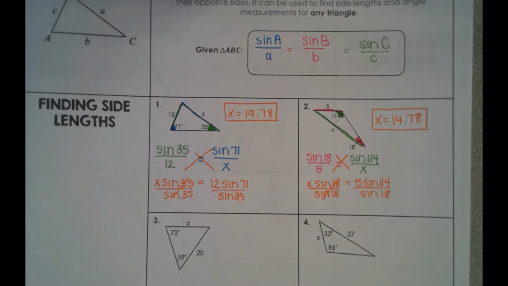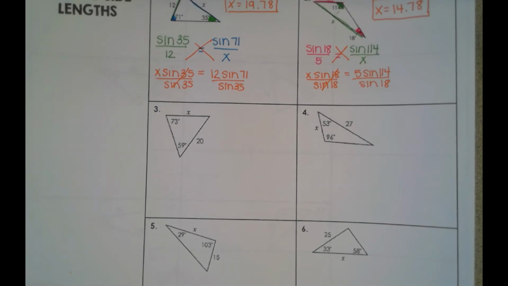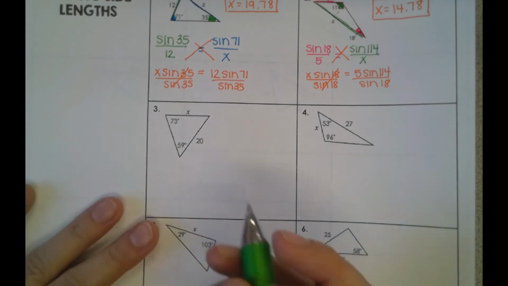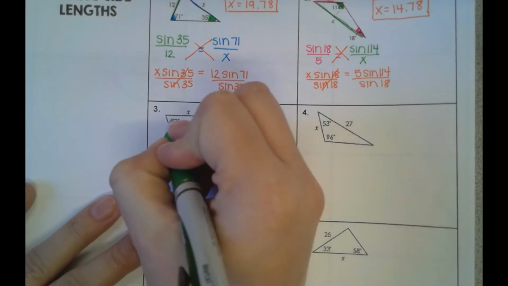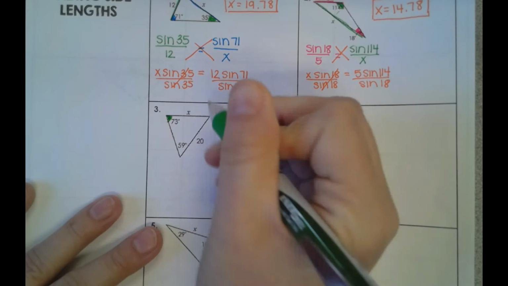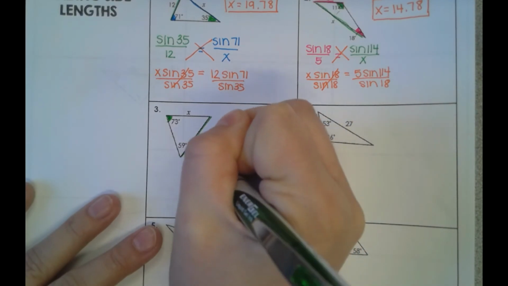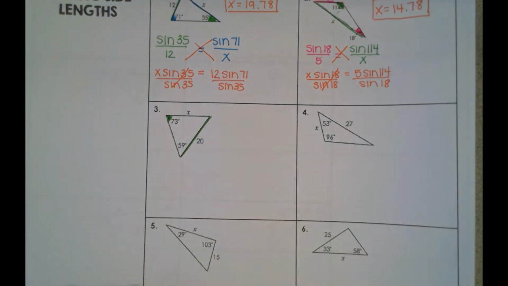All right. Let's look at number 3. There we go. All right. So let's pick out our pairs. This 73 degrees pairs with the side length of 20 because they're across.